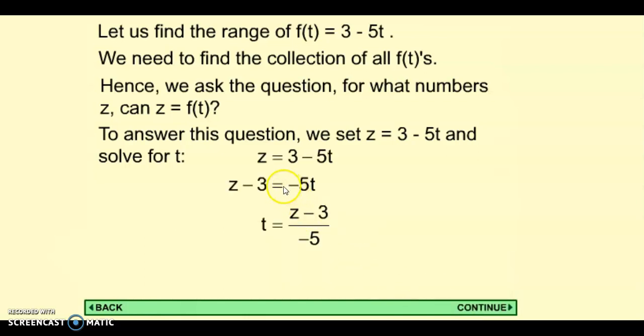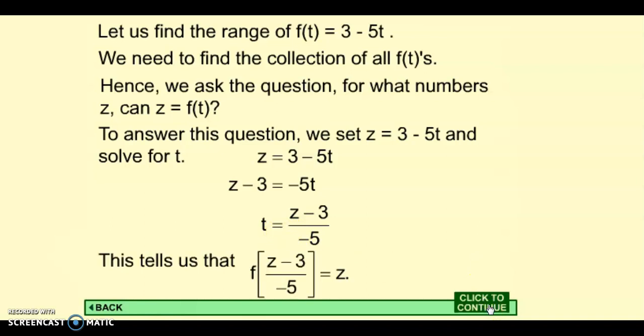So your first step is z equals 3 minus 5t. Now here you have to extract this variable t. You have to evaluate the value of t by shifting the terms here and there. So if you are shifting 3 to the other hand side, it will become z minus 3, and when minus 5 is being multiplied with t, on the other hand side, it will be in the division. So the value of t is z minus 3 divided by minus 5.